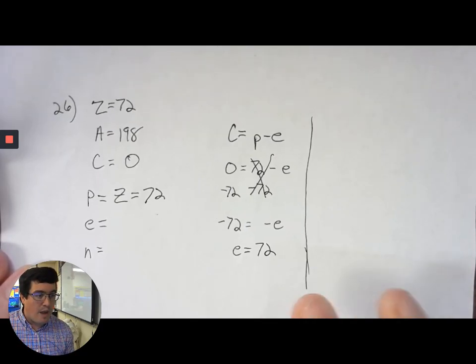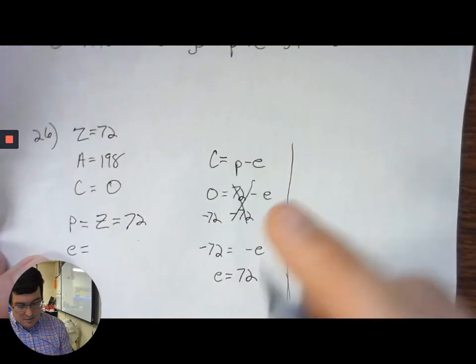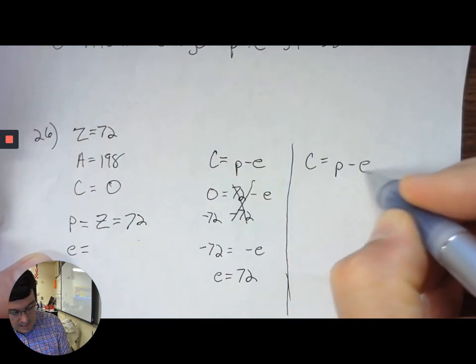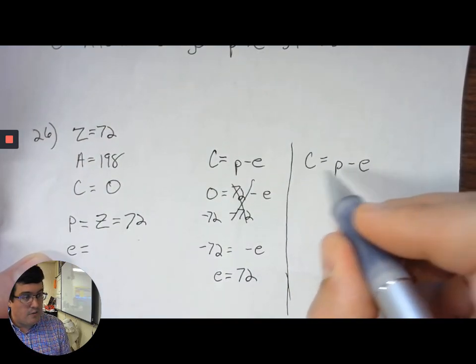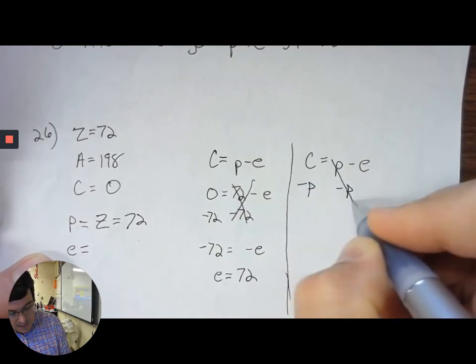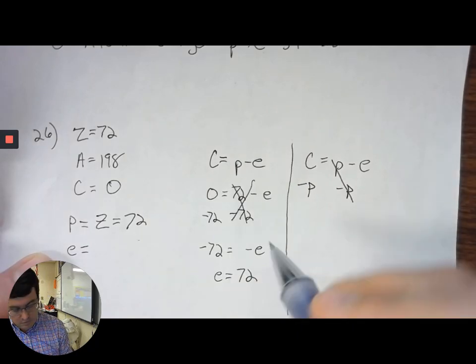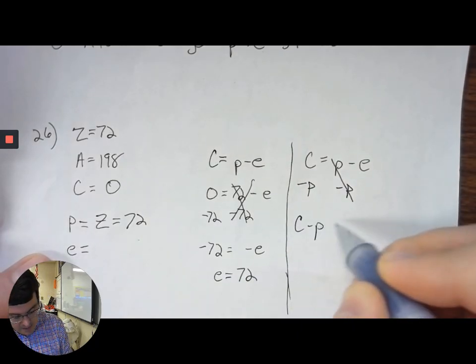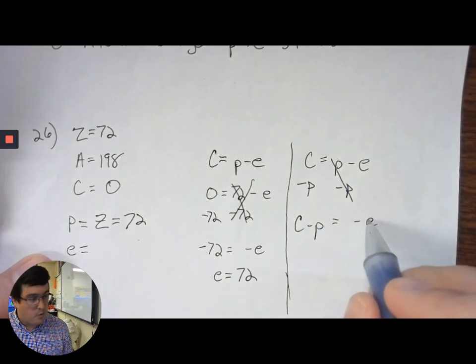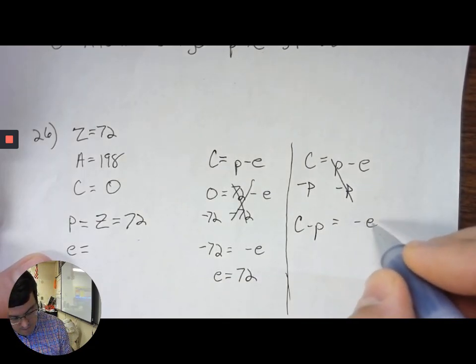If we do our algebra right the other way, we should get the same exact answer. So that's what we're going to do over here. We're going to do it the algebra way. C equals P minus E. We need to get E all by itself. We've got to subtract P from both sides. That cancels that one out, and we have C minus P equals negative E. Now we've got to get rid of the negative sign, so you multiply both sides by negative 1.